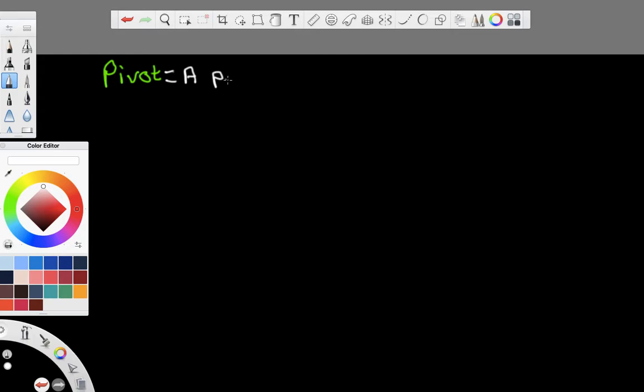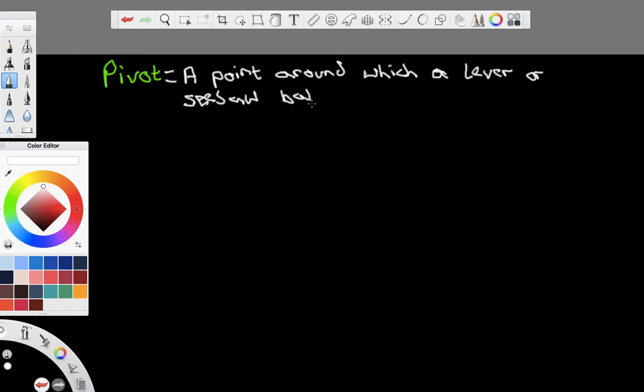So a point around which a lever or seesaw balances. Okay, so it's the point around which a lever or a seesaw balances.